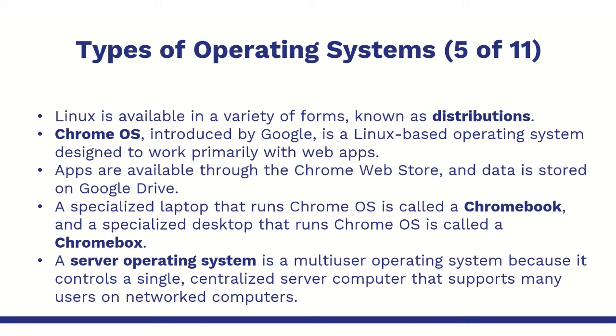Linux is available in a variety of forms called distributions. Chrome OS, introduced by Google, is a Linux-based operating system, as I mentioned before. Applications are available through the Chrome Web Store, and the data is stored on Google Drive if you use the Chrome operating system. A specialized laptop like a Chromebook, and a specialized desktop that runs Chrome operating system, is called a Chromebox.